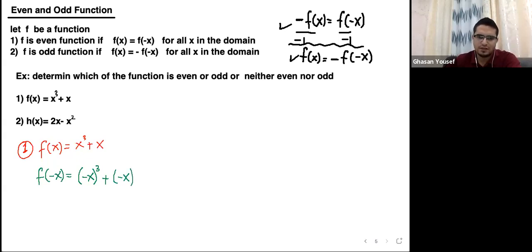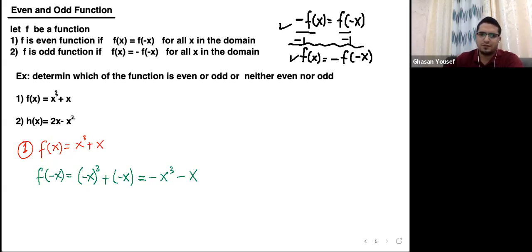Minus x raised to the power 3 is minus x to the power 3, and plus minus x is minus x.